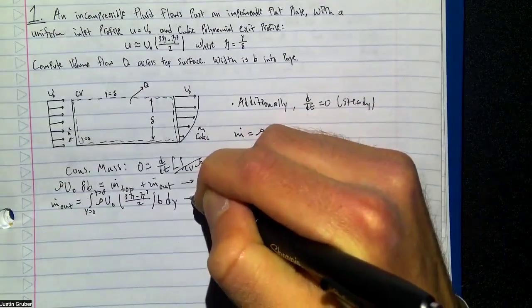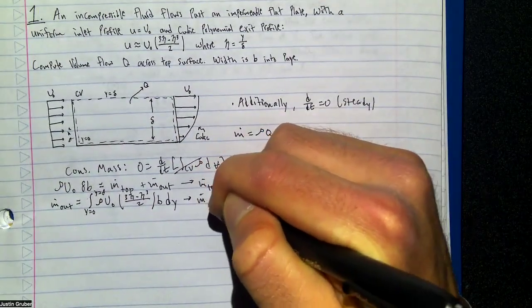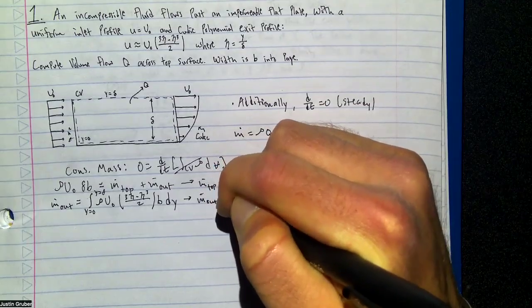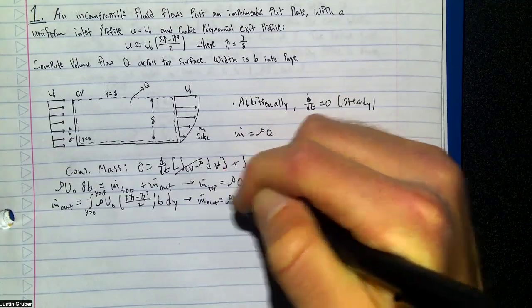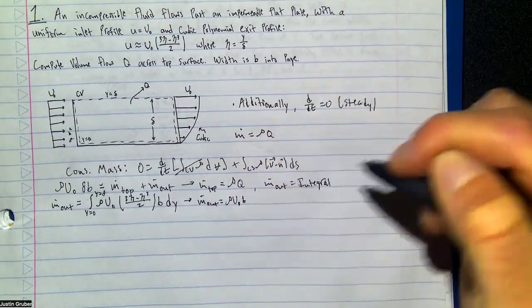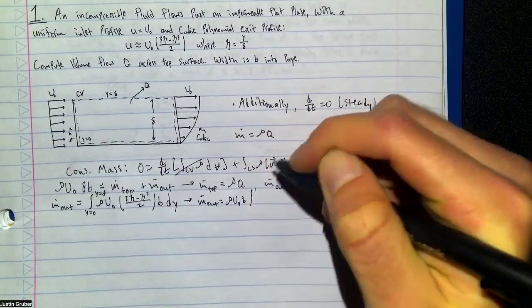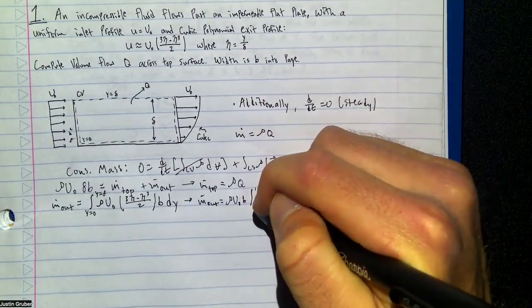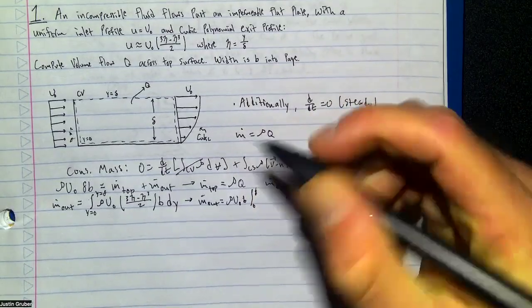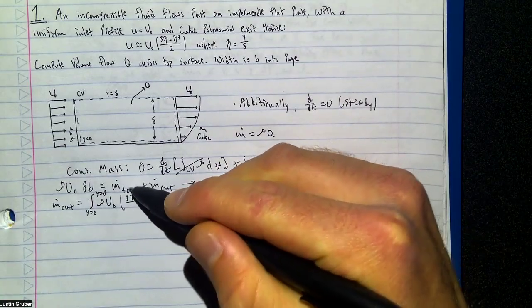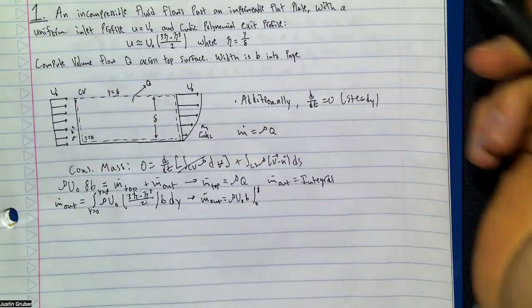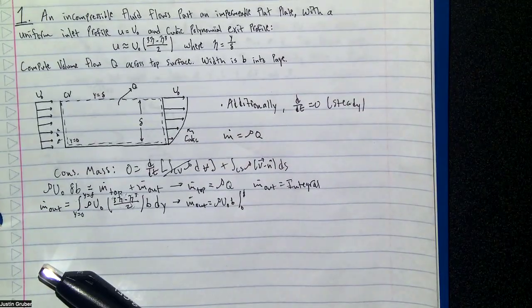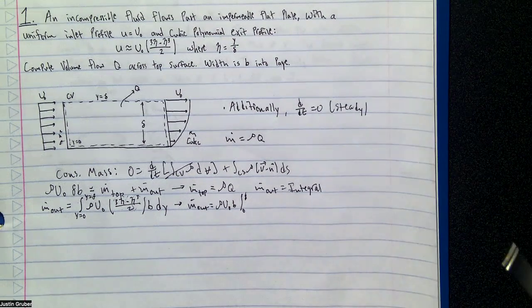Okay, so let's expand this a little more and pull out some constants. We've got rho as a constant, u naught as a constant, b is a constant. Now I'm going to split each term and sub in what eta actually is, y over delta.